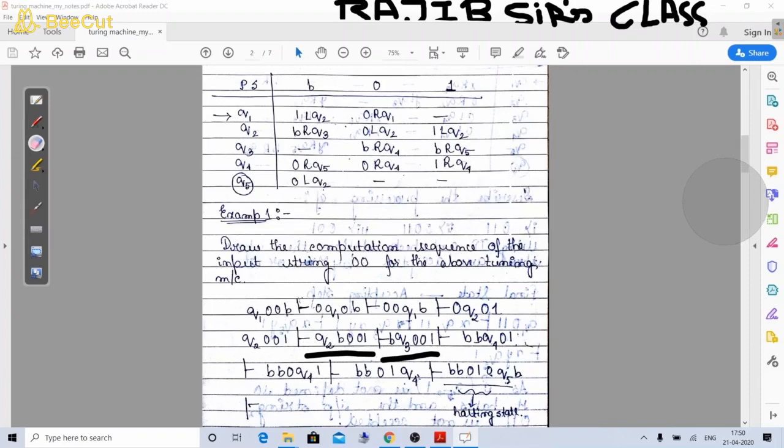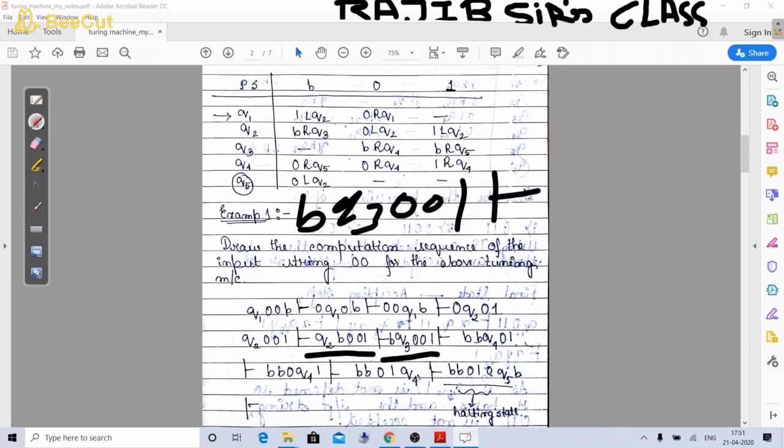Now if it is 0 upon q3, you can see over here that with this 0 upon q3, 0 becomes blank, the movement is towards the right, and q3 is changed to q4. I am telling you again. Now let's see what we have currently. We have a blank, and also we have q3, and we have 0, 0, 1.